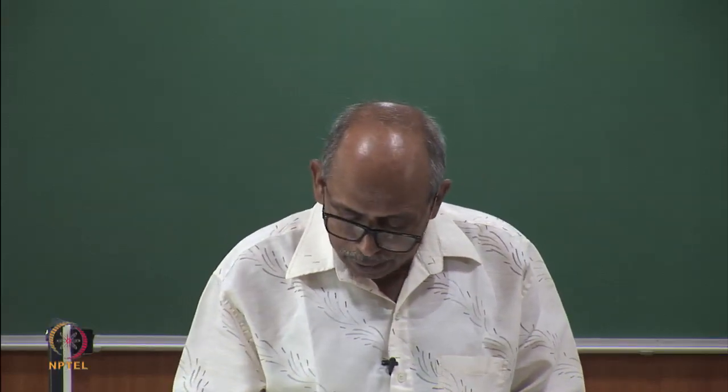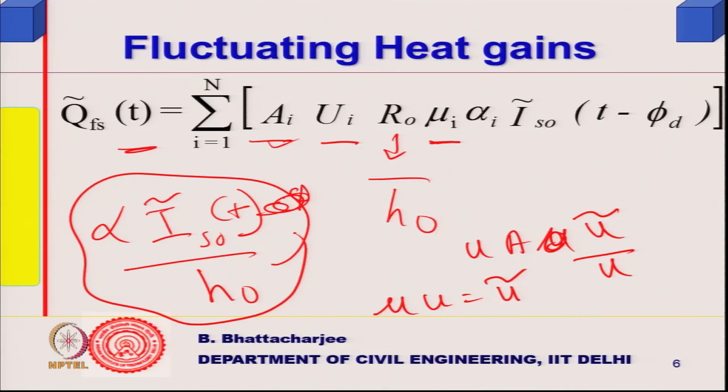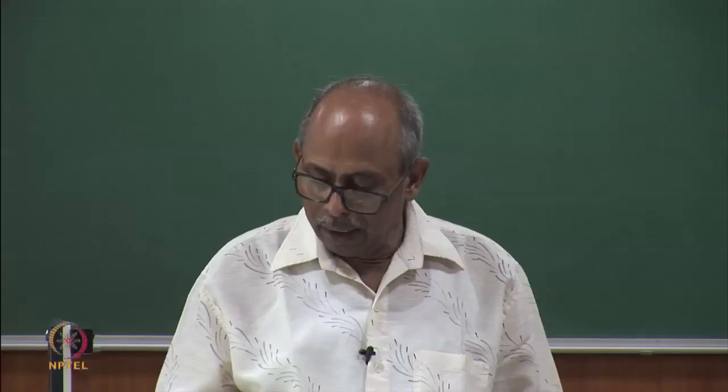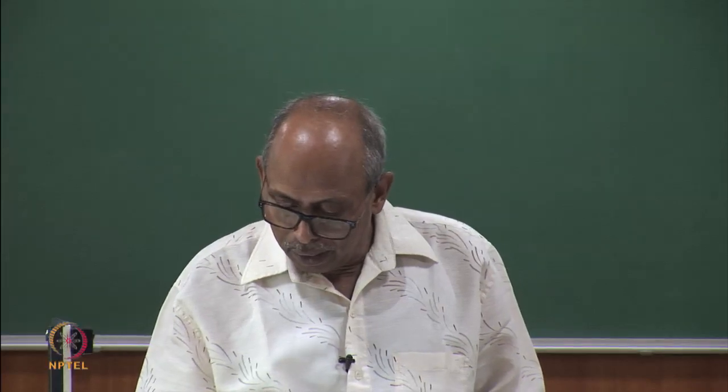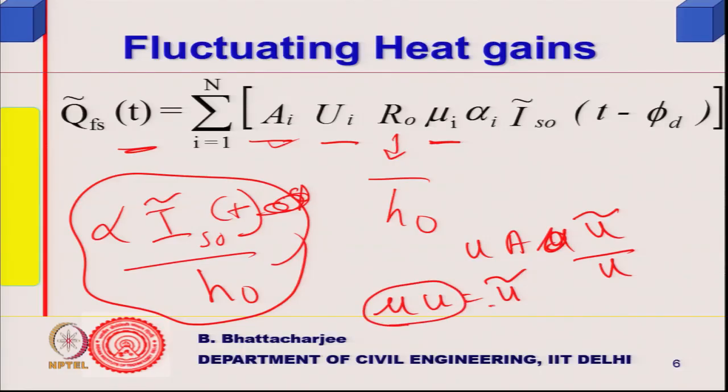Now, this is the temperature fluctuation, because the additional temperature fluctuation multiplied by mu U or U swing will give me the amount of fluctuating heat that will come in per unit area. So, this must be multiplied by area. Now, U swing is written as mu U. So, you see the mu U A, and I am not dealing with complex things anymore, because I am taking absolute values.